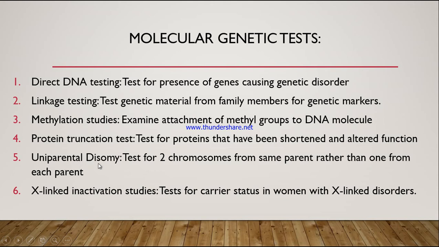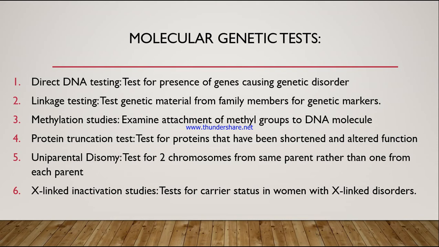Next is uniparental disomy. It tests for two chromosomes from the same parent rather than one from each parent. So we are identifying two chromosomes from the mother or two chromosomes from the father, and whether there is any alteration or any genetic errors.